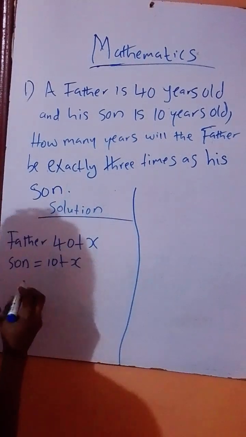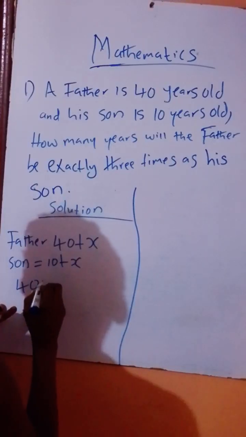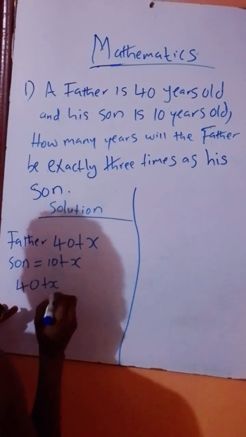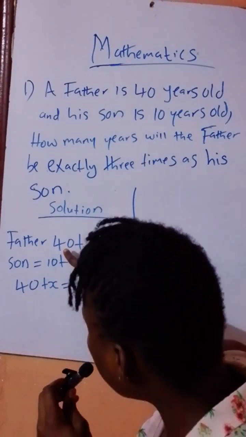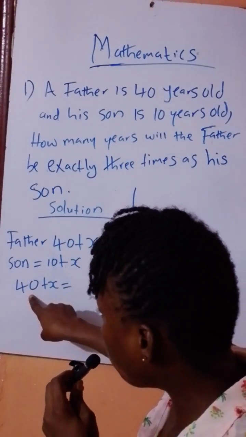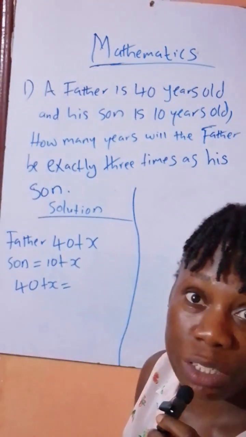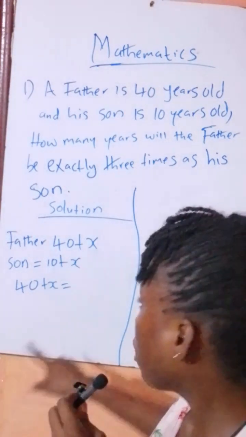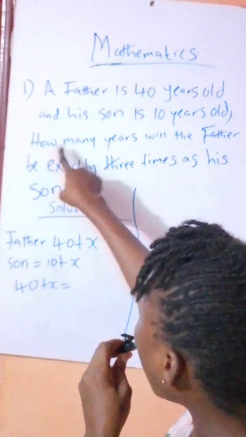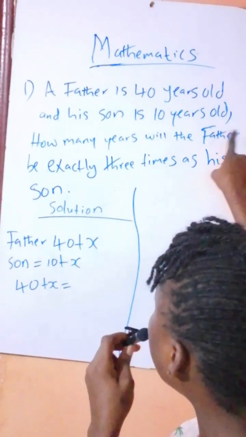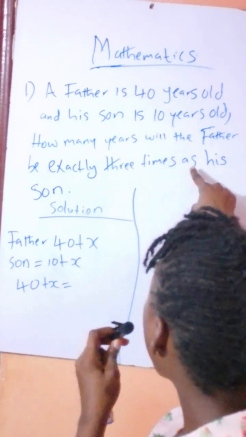We solve to get 40 plus S equals to, this 40 is the father's age, plus this S, which is the years we do not know, equals to, remember, the question says how many years will the father be exactly 3 times as old as his son.